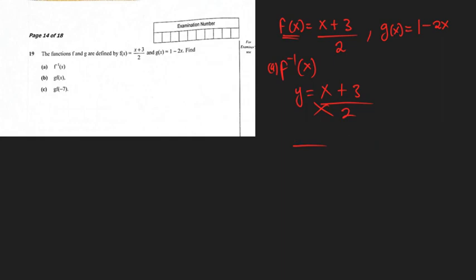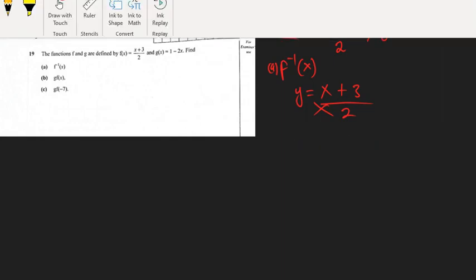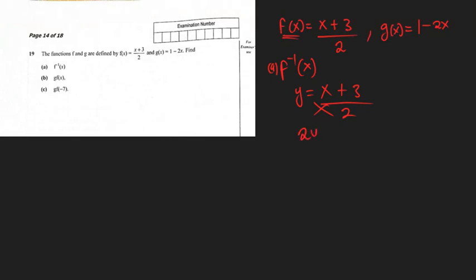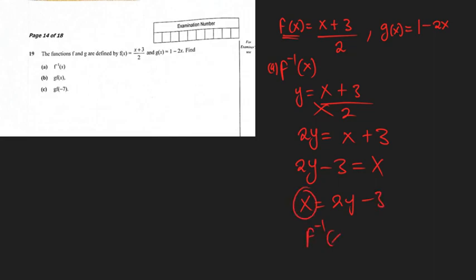So we have x is equal to 2y minus 3. So now we can replace: f inverse of x is equal to 2y minus 3. So you've now gotten it correct. Just make x the subject and take y to the other side.